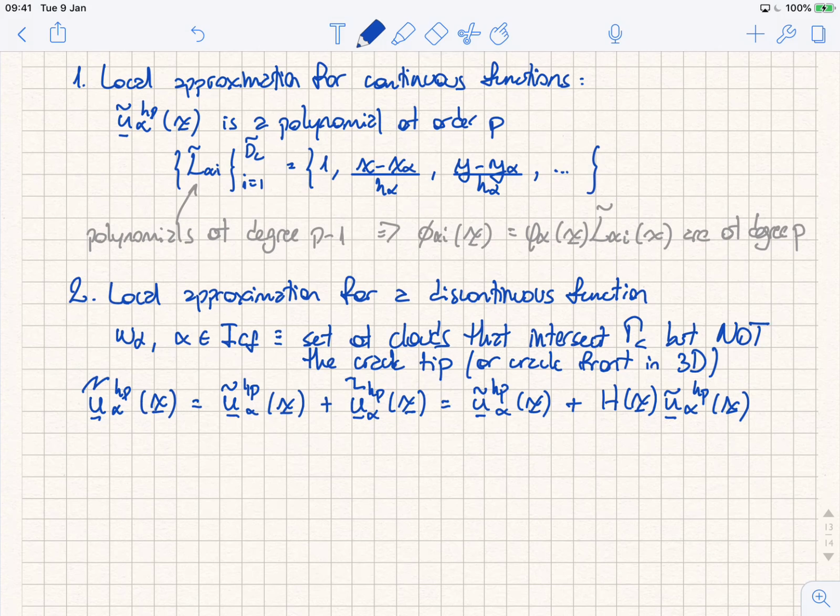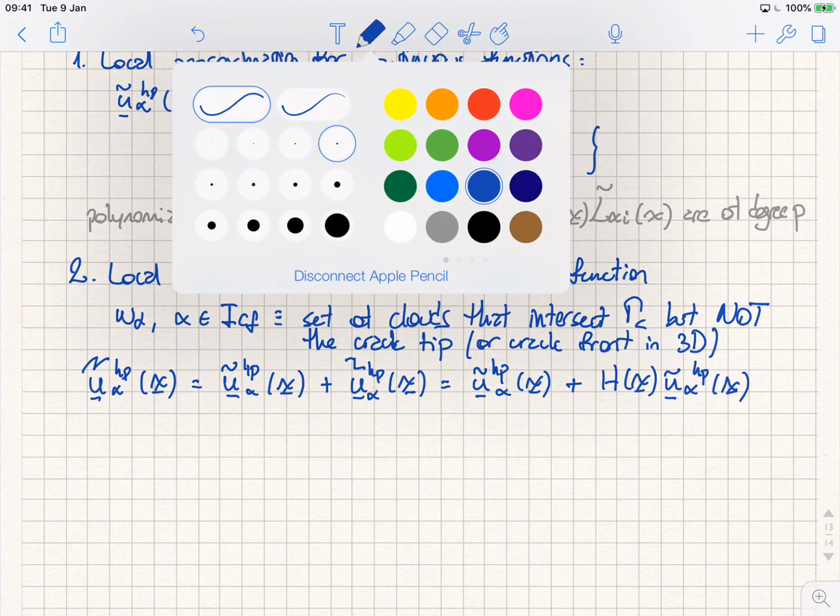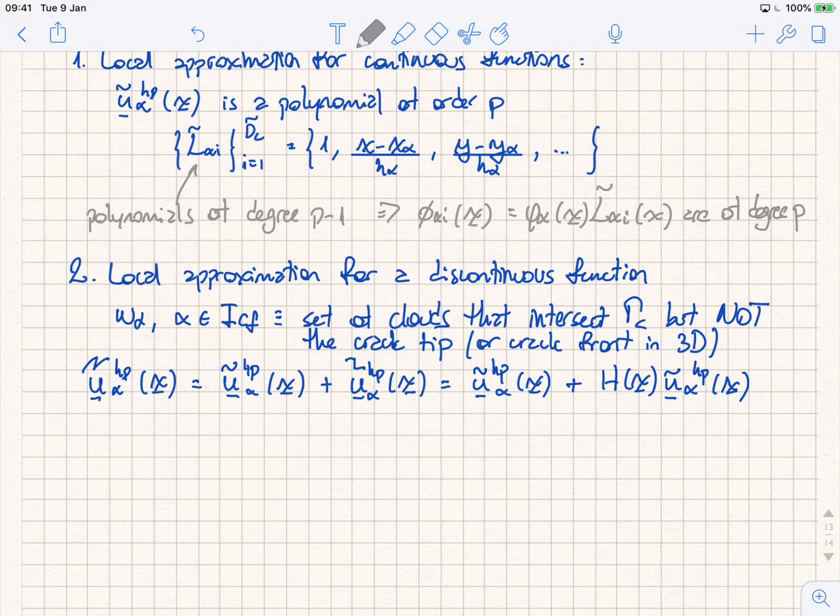Okay, this is what this equation is saying. So this part here is a continuous part, and this is the discontinuous.